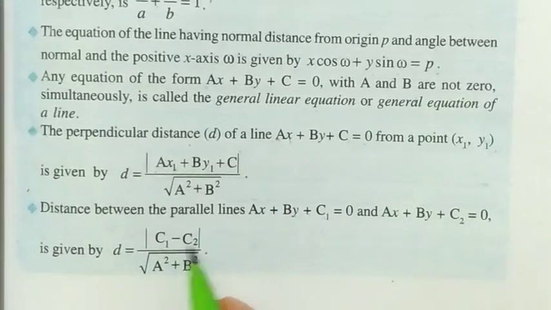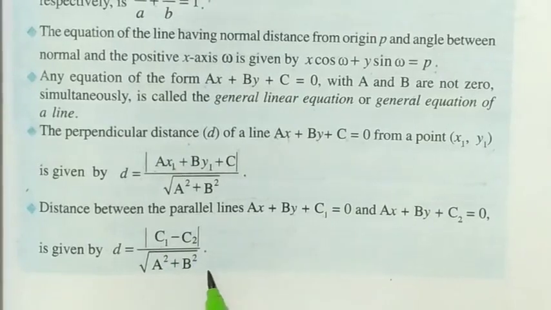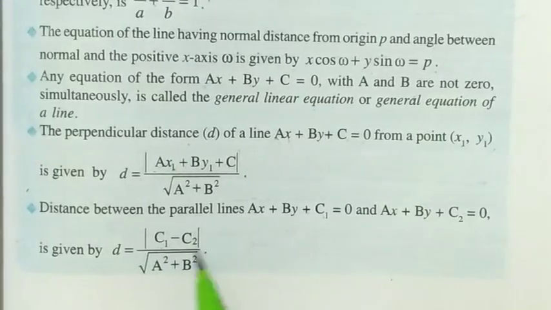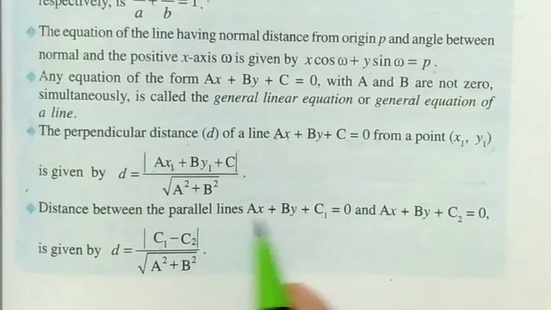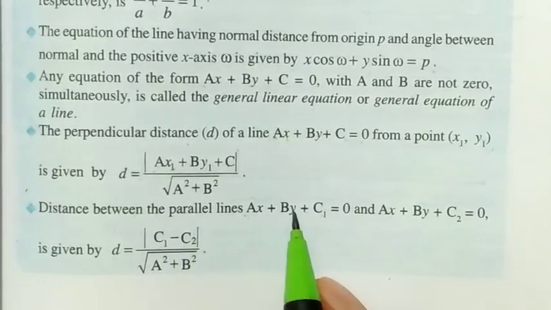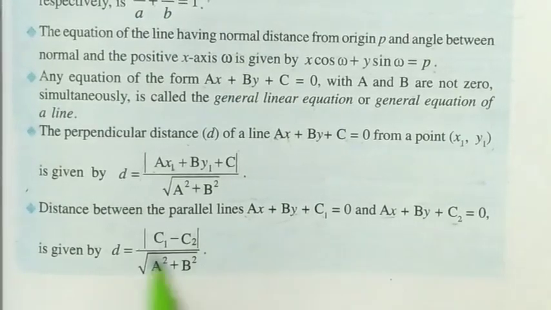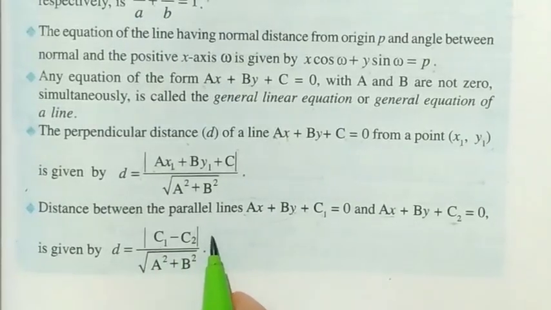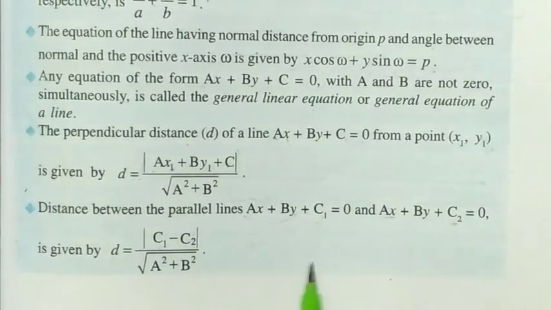D equals the absolute value of c1 minus c2, divided by the root of a square plus b square. This formula is very important, but it comes in a tricky way. First you have to make the parallel lines, meaning the ax and by form is the same in both lines, with c1 and c2. So the distance will be the absolute value of c1 minus c2 divided by the root of a square plus b square. I think it is clear to you.